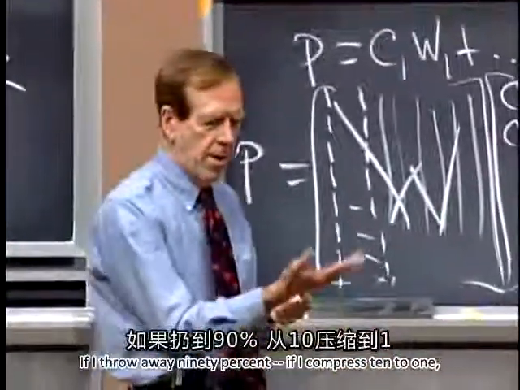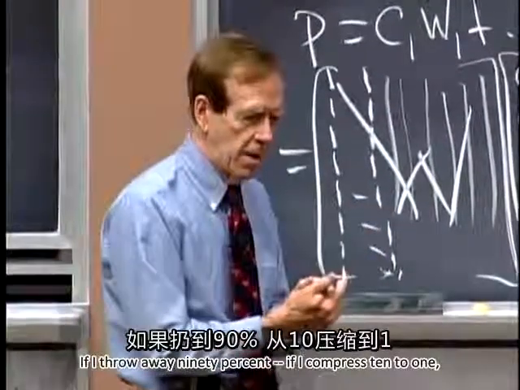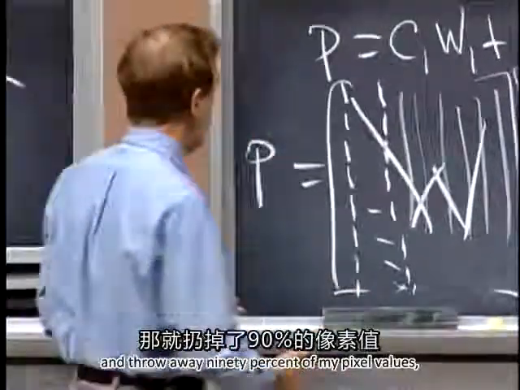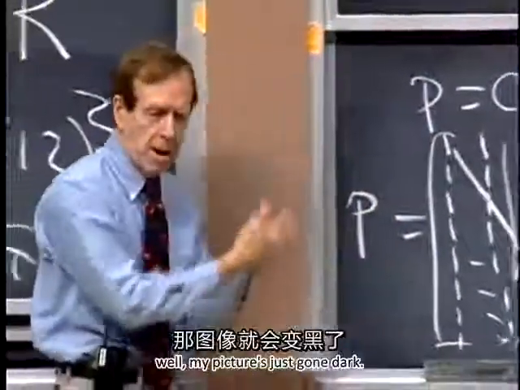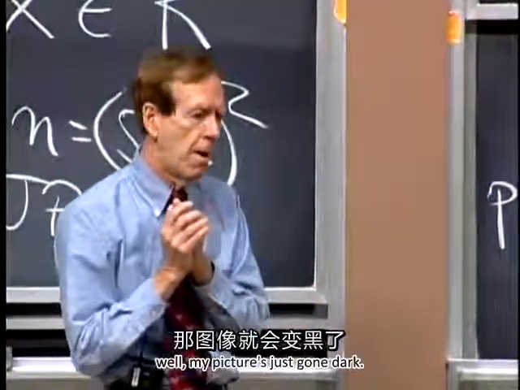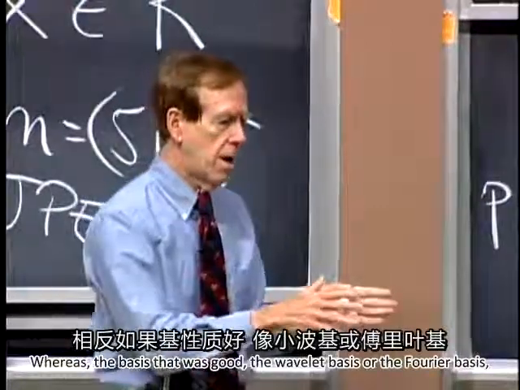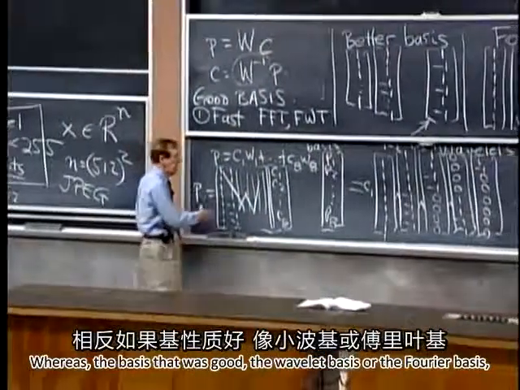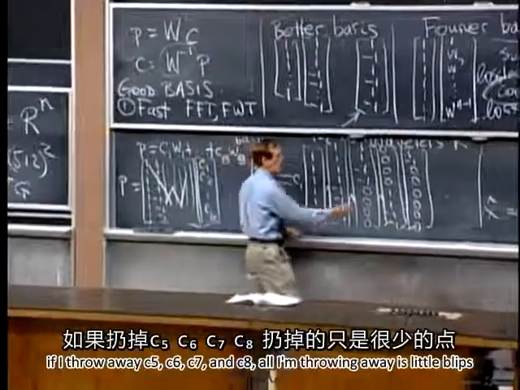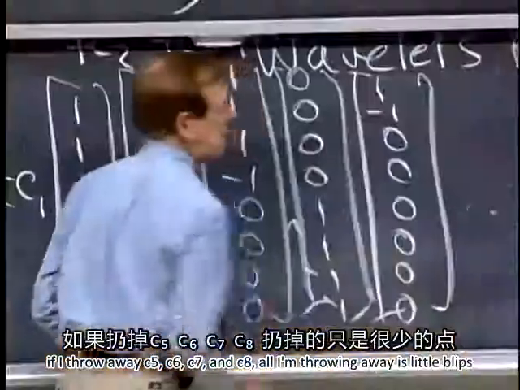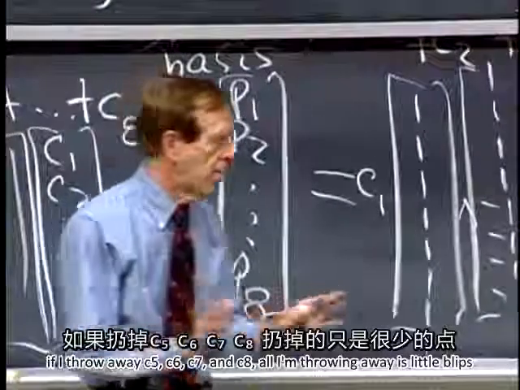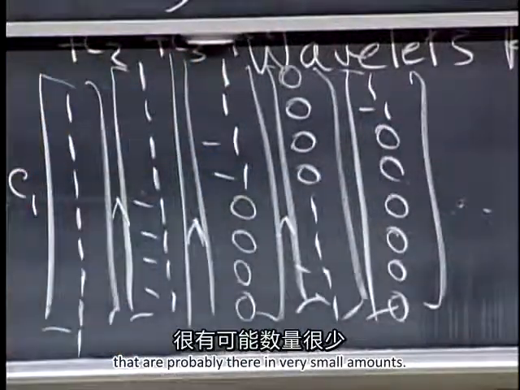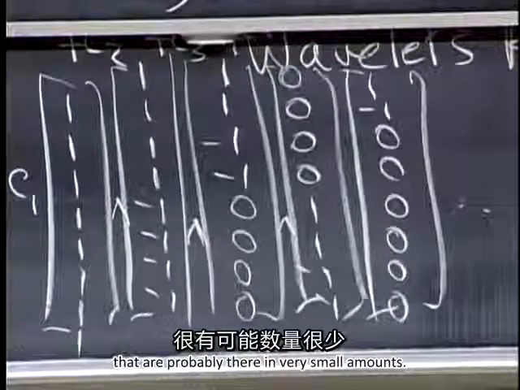If I compress 10 to 1, and throw away 90% of my pixel values, well, my picture's just gone dark. Whereas the basis that was good, the wavelet basis or the Fourier basis, if I throw away C5, C6, C7, and C8, all I'm throwing away is little blips that are probably there in very small amounts.